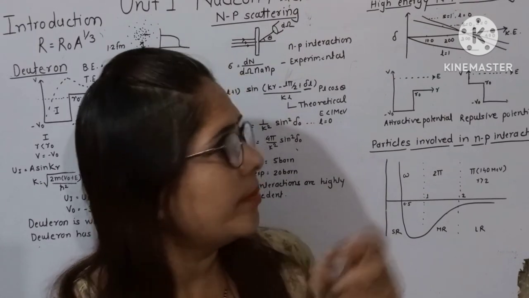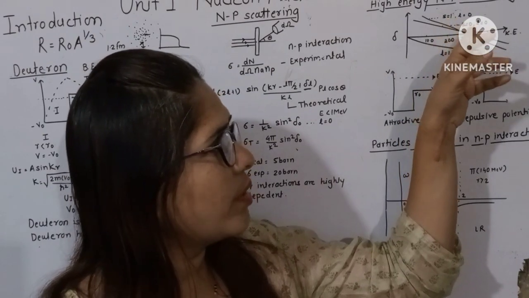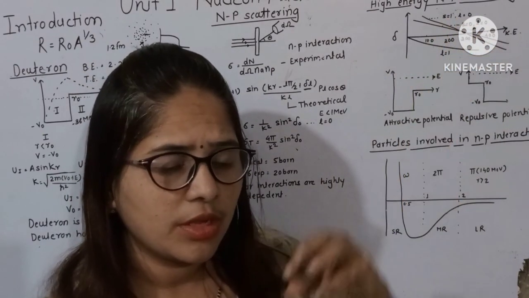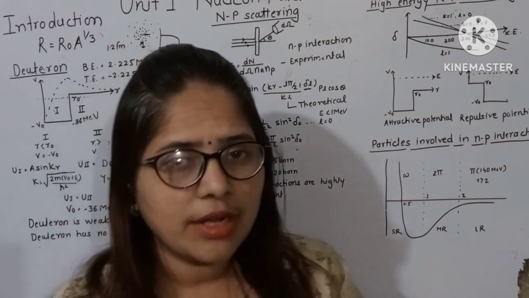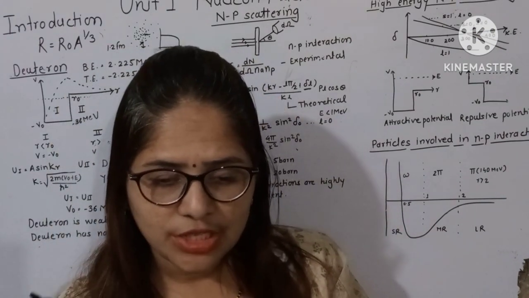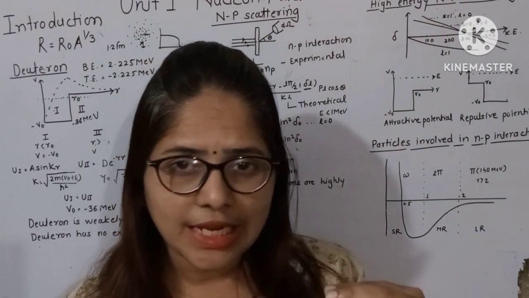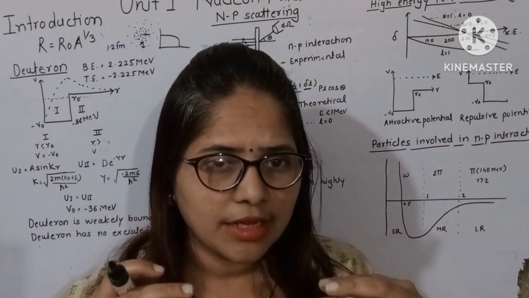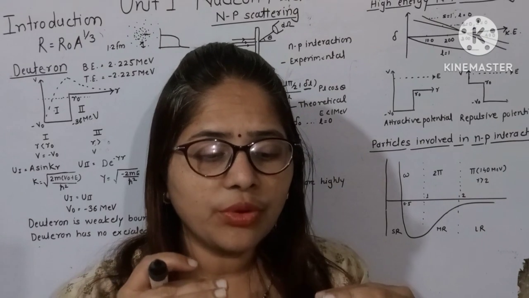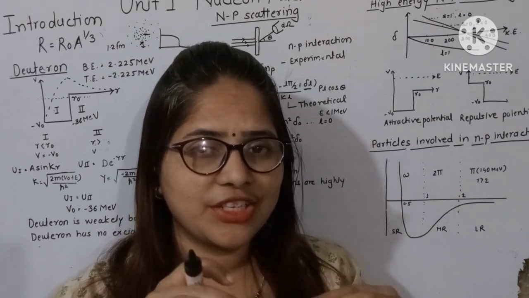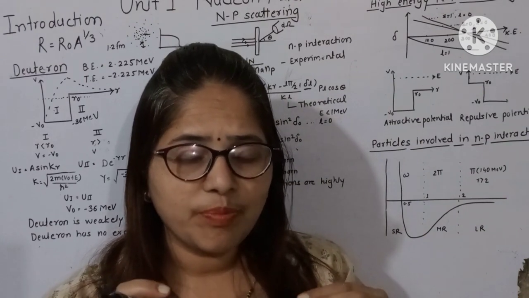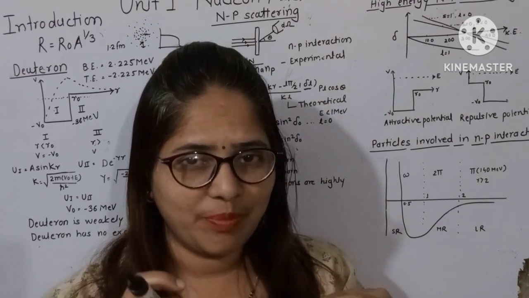What is the meaning of this? It means that below 100 mega electron volt, the incoming proton is not able to reach the neutron so as to see the fractional charges on it. The spin doesn't come into play.